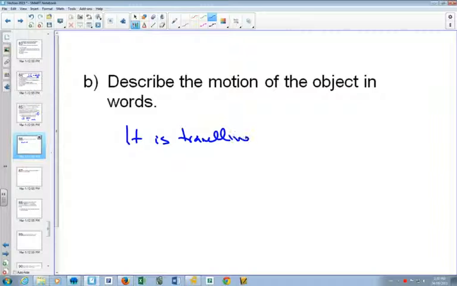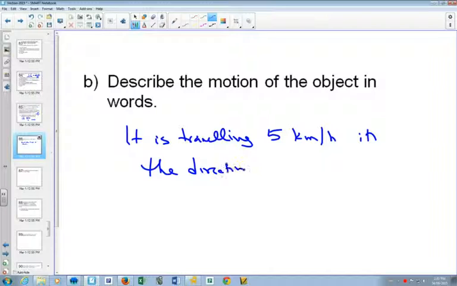So in words, we say that it's traveling 5 kilometers per hour in the direction, and we can put the direction vector so we know exactly the speed that it's going and the direction.